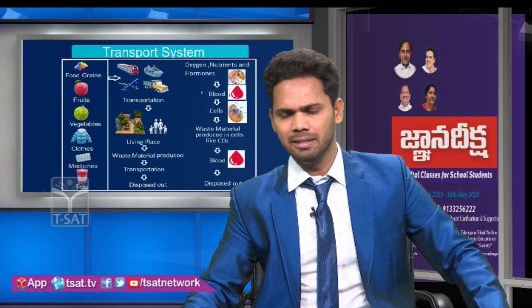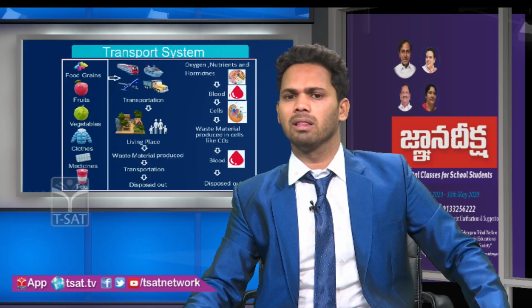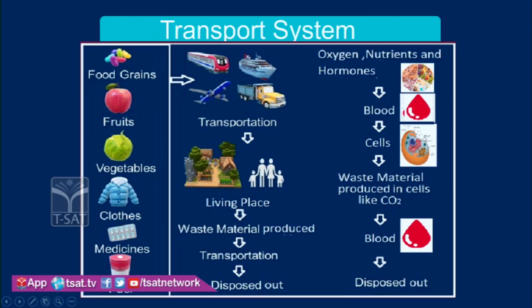You can see here, blood is transporting all these things towards the cells. Every cell receives them through the blood. When they reach the cell, some waste products like carbon dioxide come out from the cell. This carbon dioxide comes back with the help of blood and is disposed out.